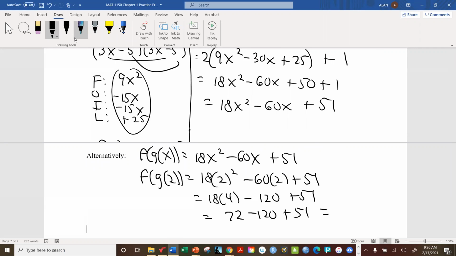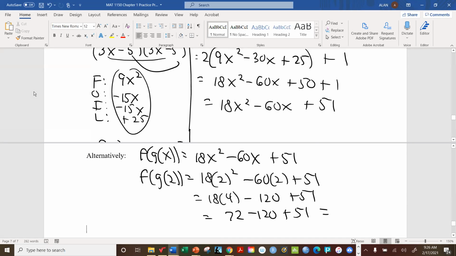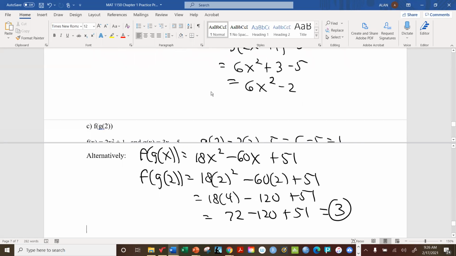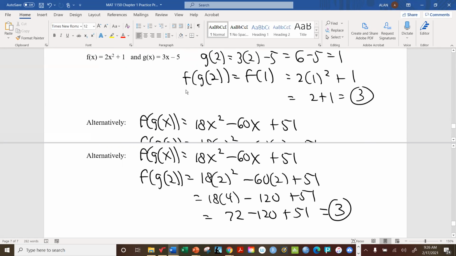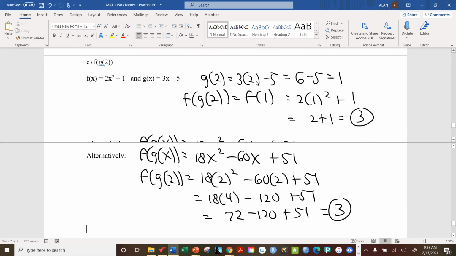And that turns out to be, let's get out the calculators, 72 minus 120 plus 51 is 3, which is exactly what we got up here when we directly substituted g of 2 into the equation.